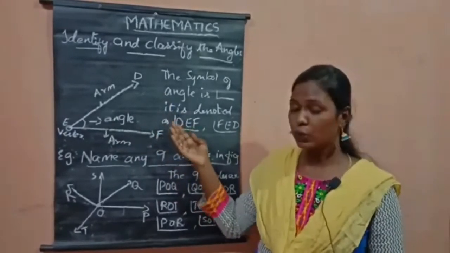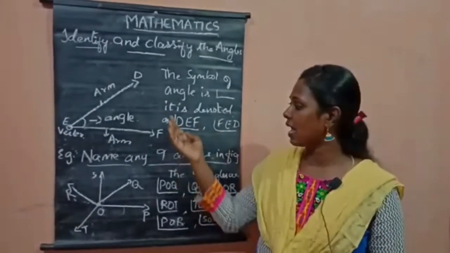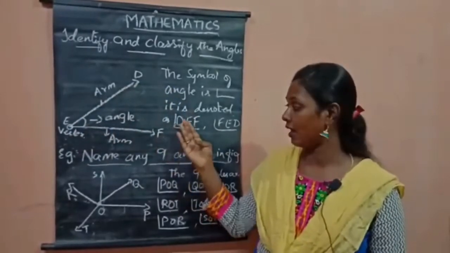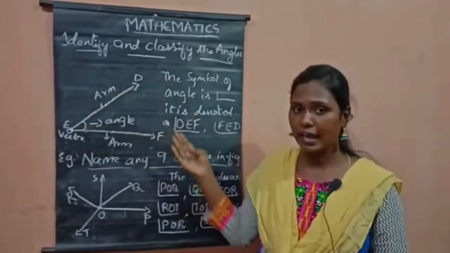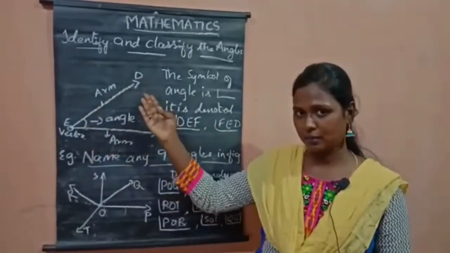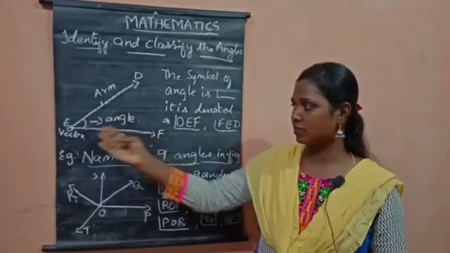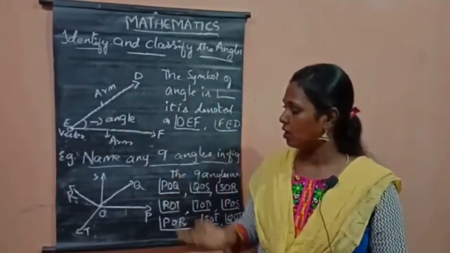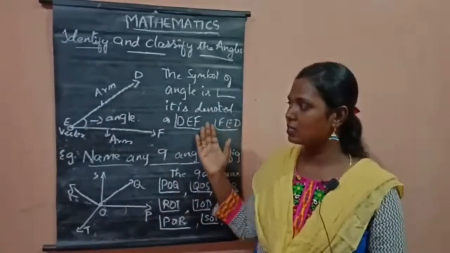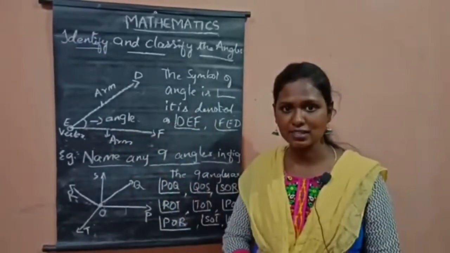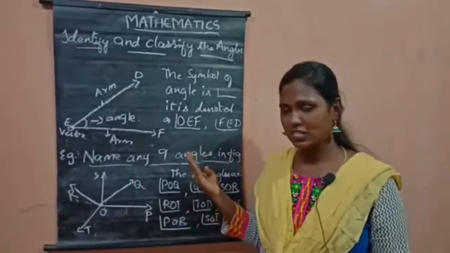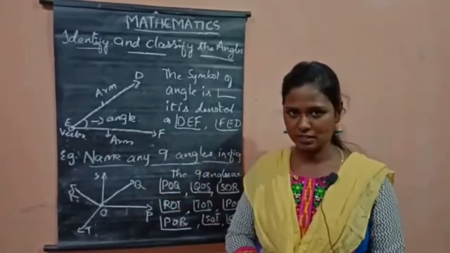You should pronounce it as angle DEF, and also angle FED, where E is the common point present in both the angles. Have you understood, children? Let us see by an example.